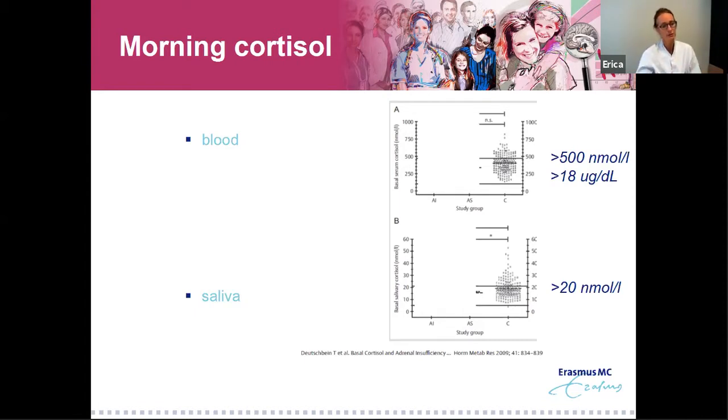Here you see a study that showed random measurement of morning cortisol after awakening. This is again in adults, but we think it's about the same in children. And here you see randomly, if you measure in the morning, then spontaneously about 1/3 of patients, every dot is a healthy control, about 1/3 of healthy controls already has a cortisol level that is high enough, above 500, to make sure that your levels are high enough in case of stress.